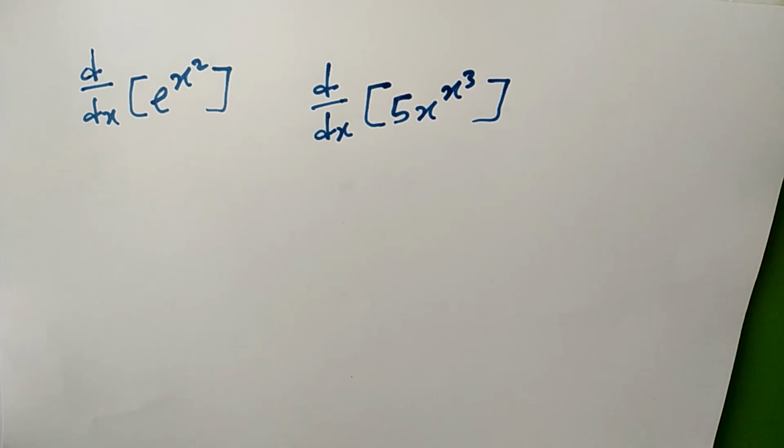And for the second one, we have 5 e raised to power x cubed. The derivative of x cubed is 3x squared. When you bring this together, you multiply 3 and 5, which gives 15. Then x squared e raised to power x cubed. This will also be our final answer.